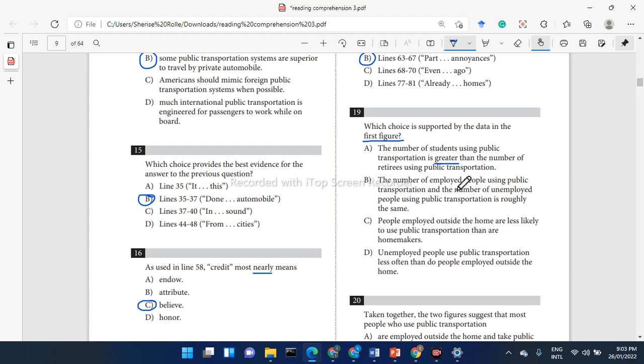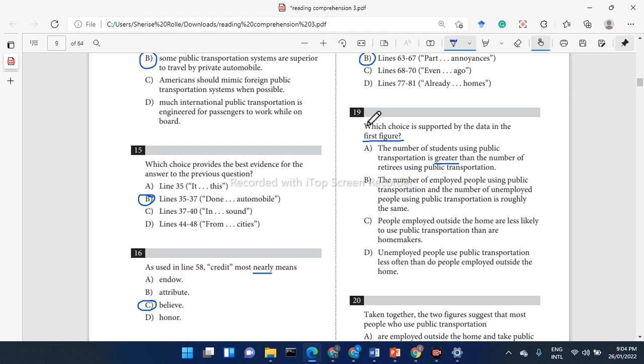Is it that the number of employed people using public transportation and the number of unemployed people using public transportation is roughly the same? Is it that people employed outside the home are less likely to use public transportation than homemakers are? Or is it that unemployed people use public transportation less often than people employed outside of the home?